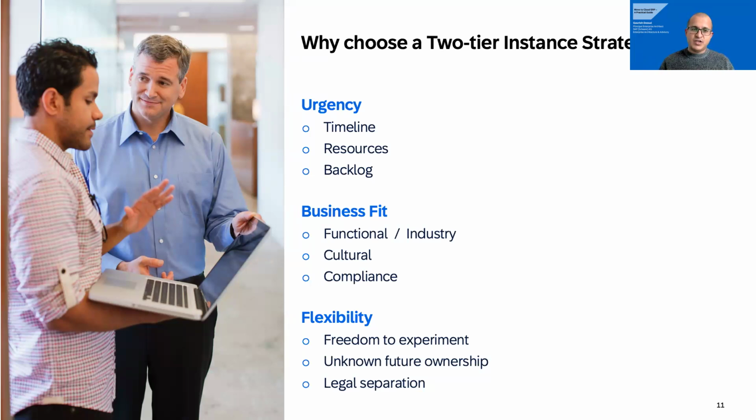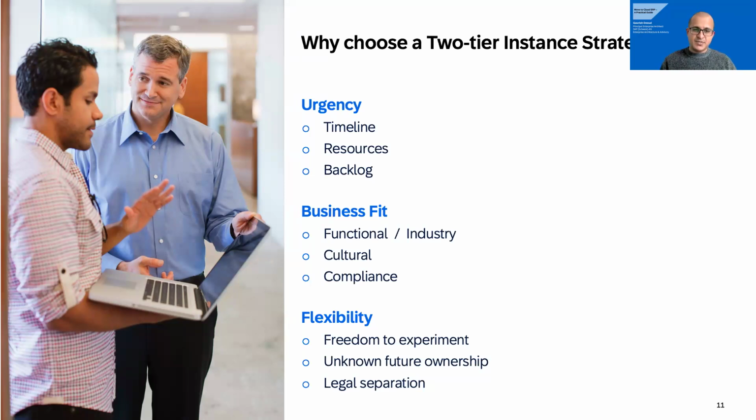That is where a two-tier architecture could be very important. You also might not have enough resources, or you have a backlog of requests on your main instance, and you don't want to disrupt that. You can use the two-tier architecture to bring in a new company, or make sure you can divest the company in future.